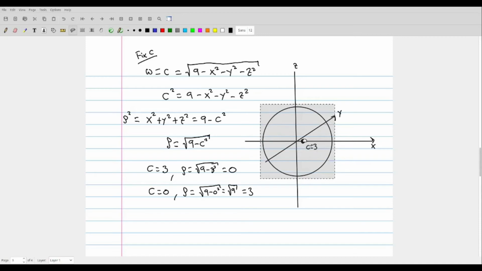Let me center the circle. Or it's not a circle, it's a sphere. So it's a sphere of radius 3.